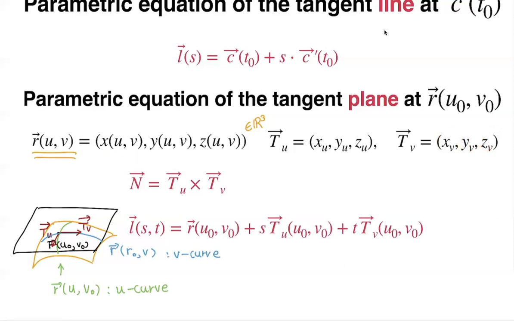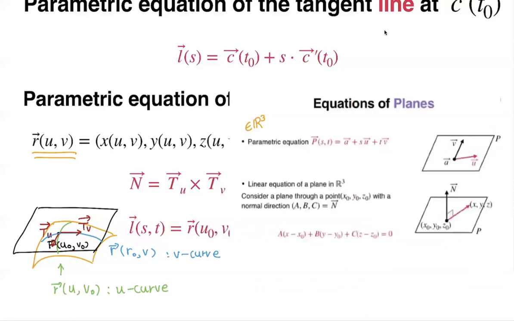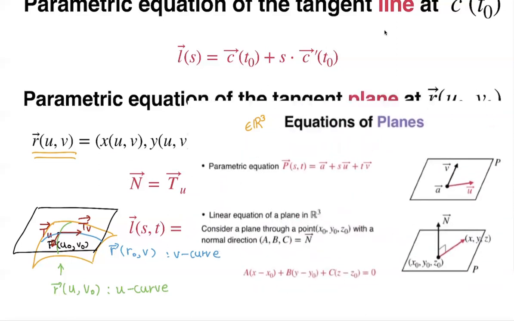Okay. Since we know these two vectors, I will copy and paste this one. We learned before, if we know two vectors u and v and one point A, then our parametric equation was given by one point plus one variable s times one vector, and the other variable times the other vector.